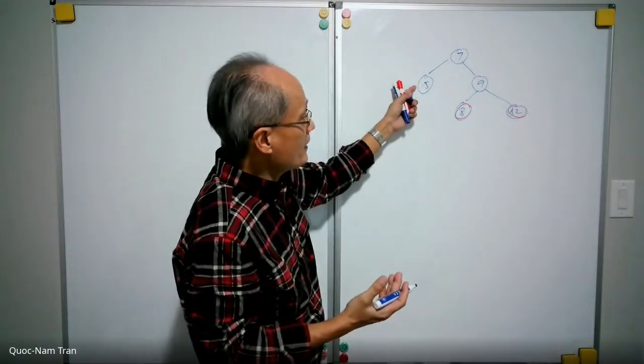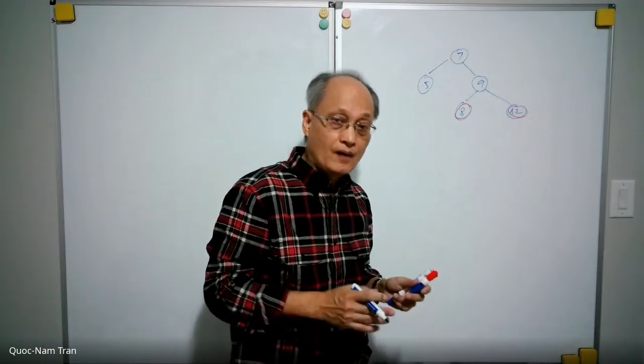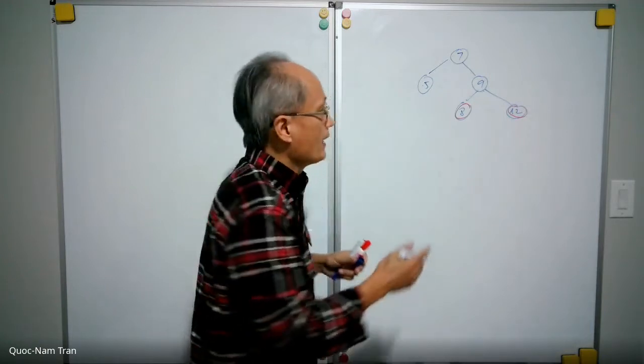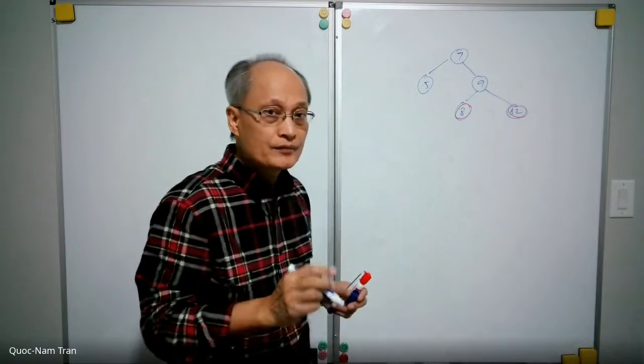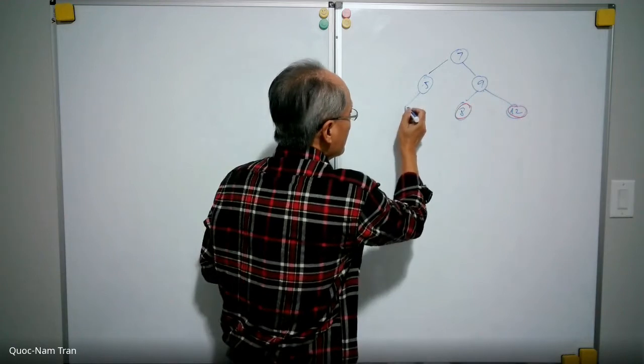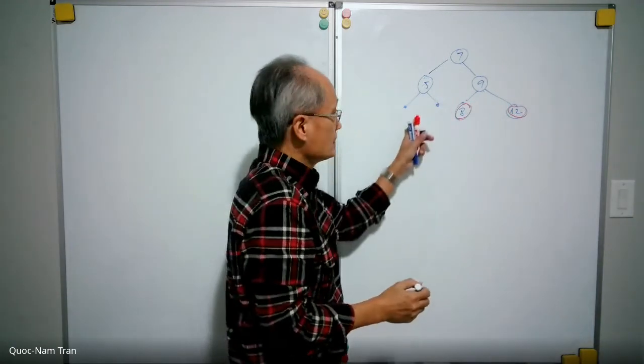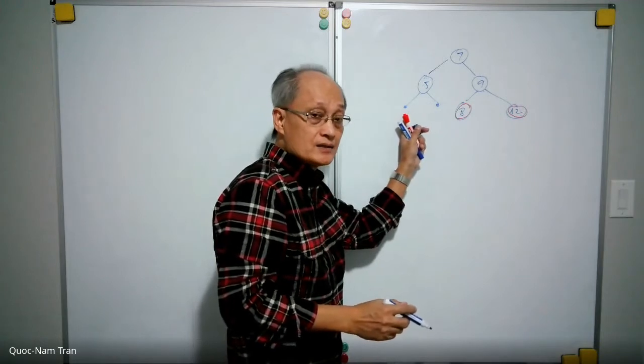Every node with a number we call an internal node or a real node, right? Every real node will have 2 children. Here we have empty or null children.